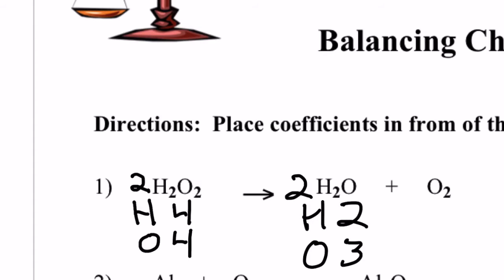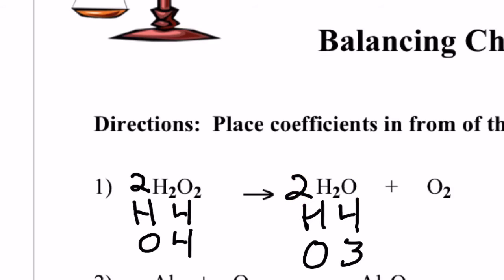So now, again, I multiply my coefficient by the subscript. 2 times 2, so now I have 4 hydrogens. And I also do 2 times 1, because remember, if there's nothing there, that means there's just one of it. So 2 times 1 is 2.